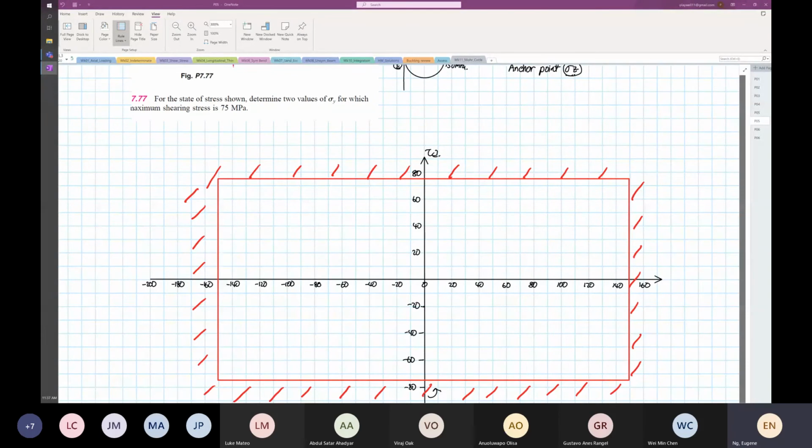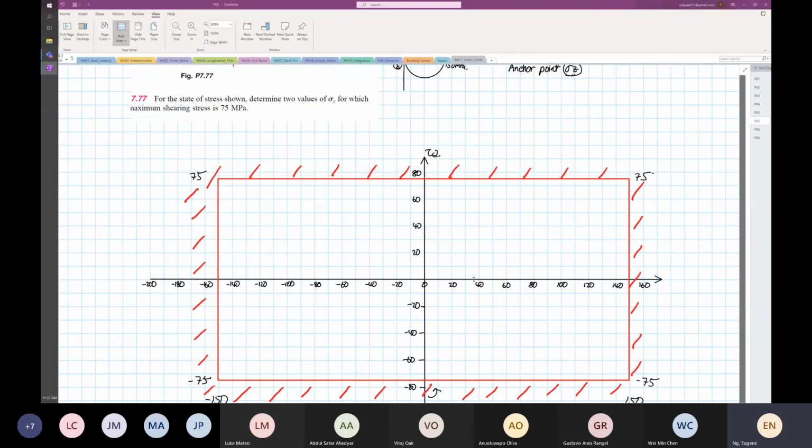Why in that box? Because this is minus 150. This is 150 in normal stress. Shear stress is minus 75, 75, and minus 75. So that is the box that we have to operate in. If the circle goes beyond that, the material will yield. And we would not want our material to what?